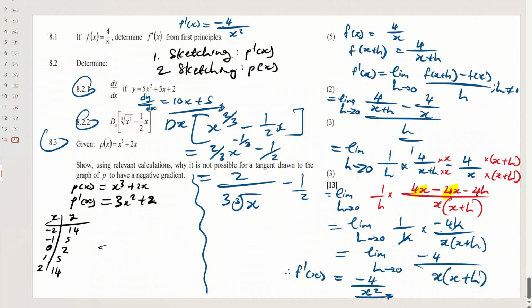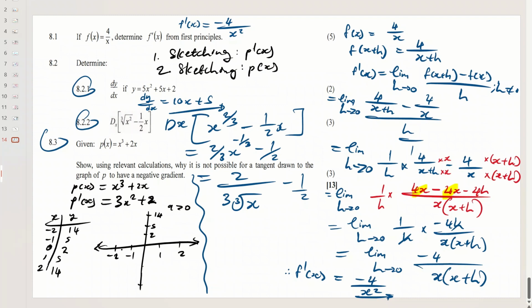So now our sketch will look something like this. Since the value of a is greater than 0, meaning positive, you'll have a smiling function. So you have negative 2, negative 1, 1, 2. Sorry, we don't have a negative 14, but we have a positive 14, and then a positive 5.